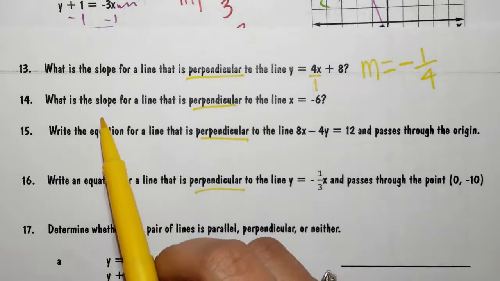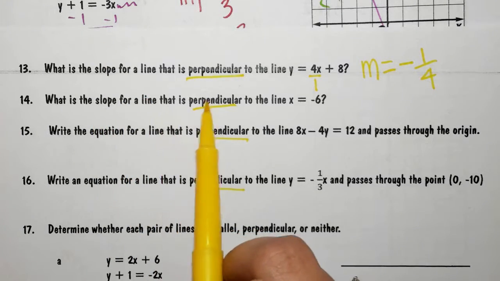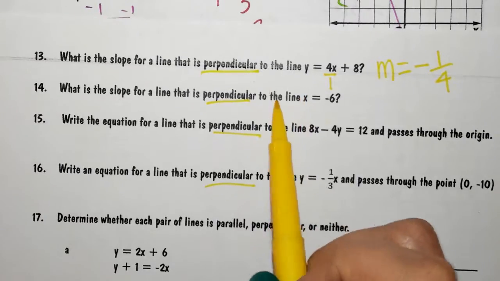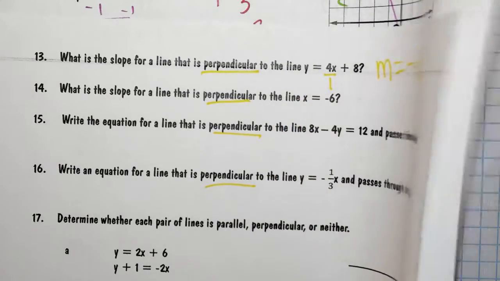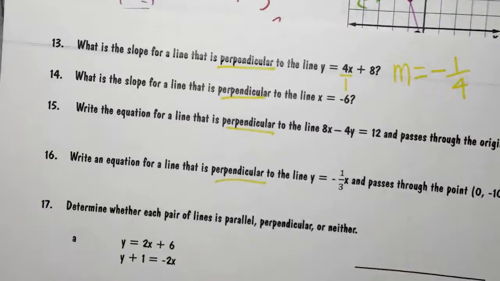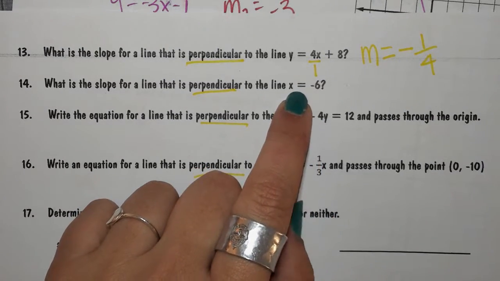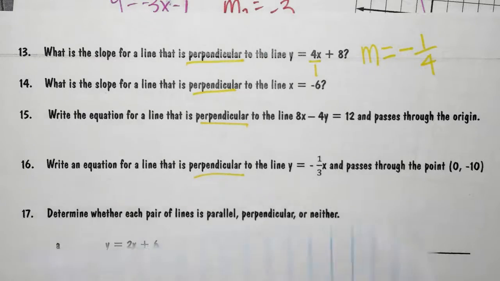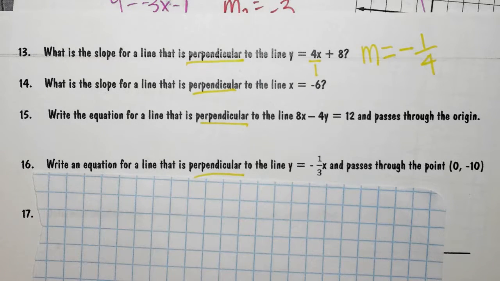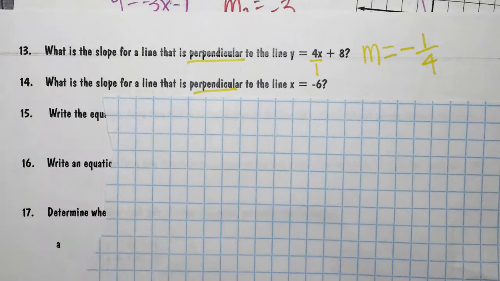Now this says, what is the slope for a line that is perpendicular to x equals negative 6? But do we have a y in this? Okay, so we have to graph this. Let's talk about what the graph would look like. I'm going to do it on my phone.